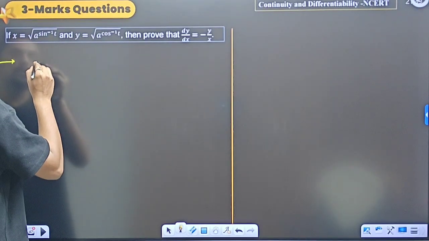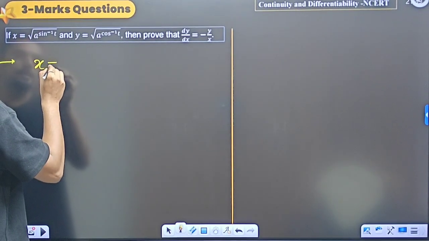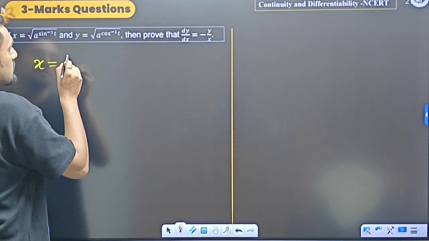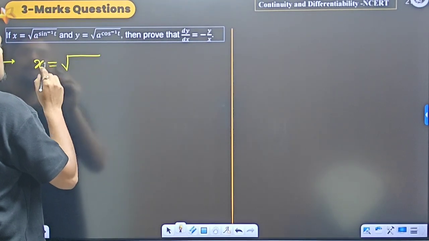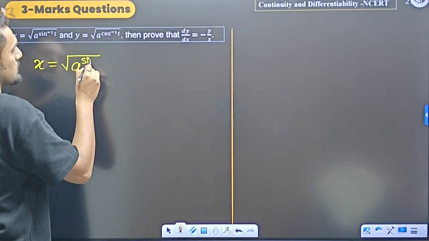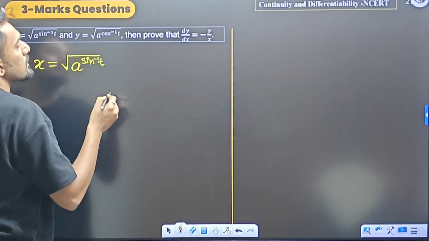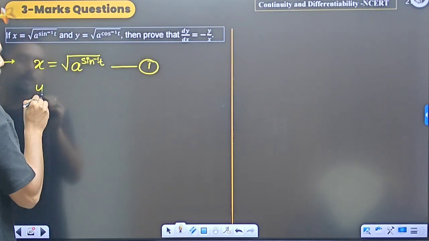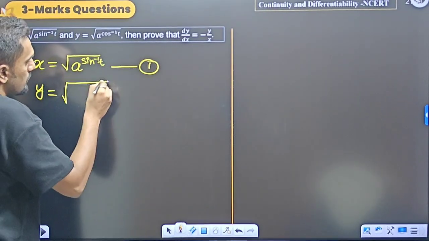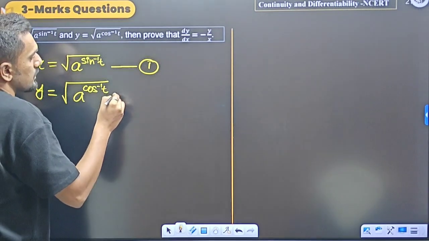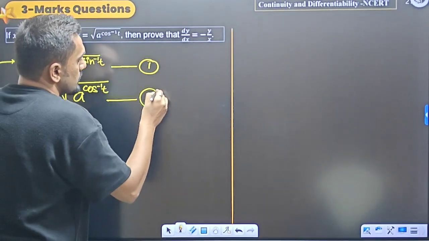So I will consider the given equations: x equals under the root of a raised to the power sin inverse t. Let me call this equation 1, and y is equal to under the root of a raised to the power cos inverse t. Let me call this equation 2.